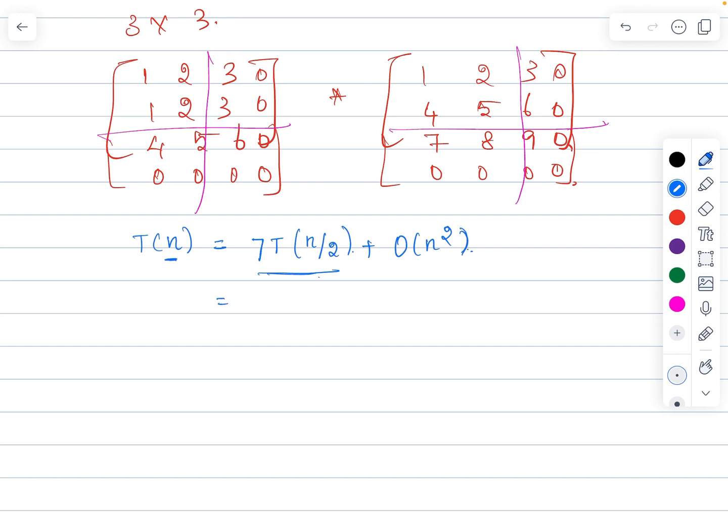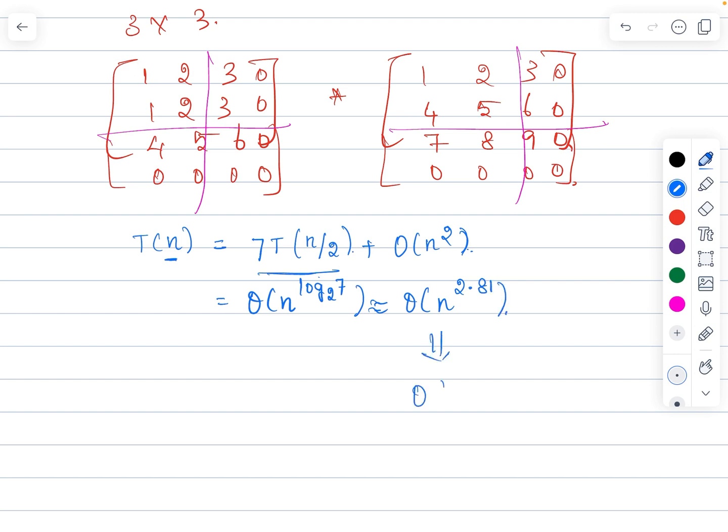When you solve this recurrence relation using Master's method, you get the time complexity as theta of n to the log 7 base 2, which is approximately n power 2.81.